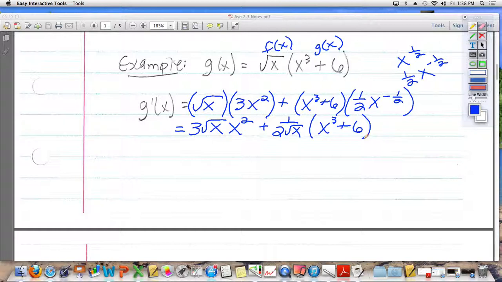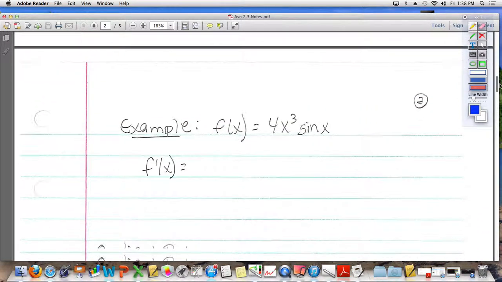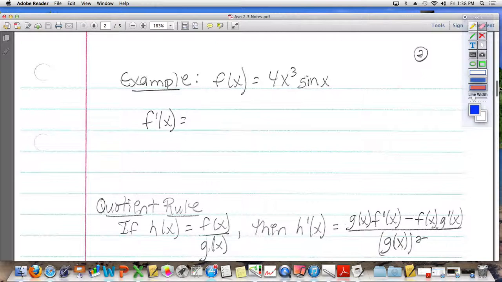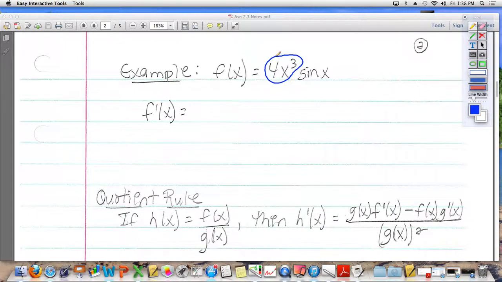Alright, let's try one more example, and then I'm gonna stop. I had to throw a sine of x in here, or a trig function. You'll get asked how to do those. Alright, so the derivative of f of x. Now, first of all, we need to make sure that we understand what the first function and the second function are. 4x cubed is f of x.